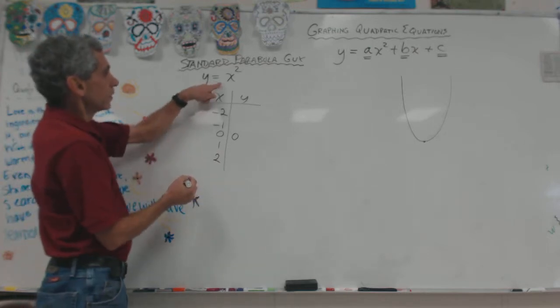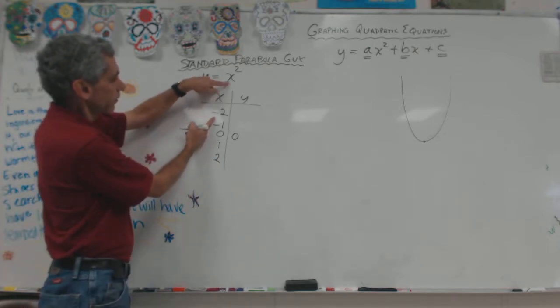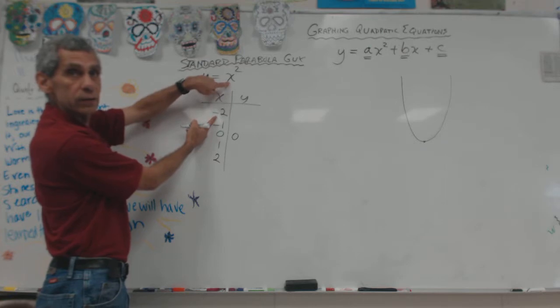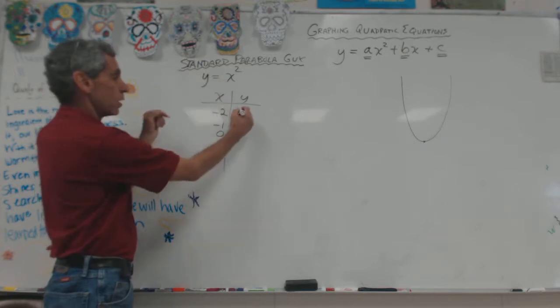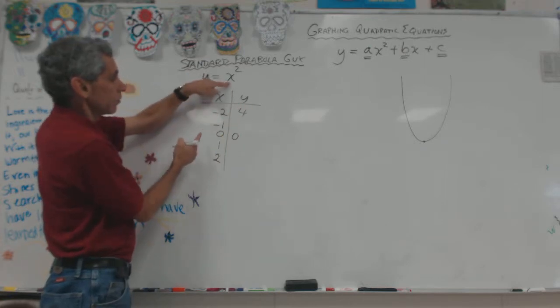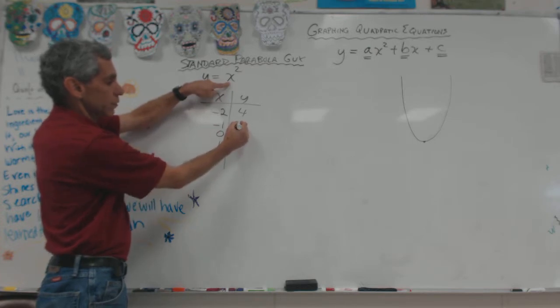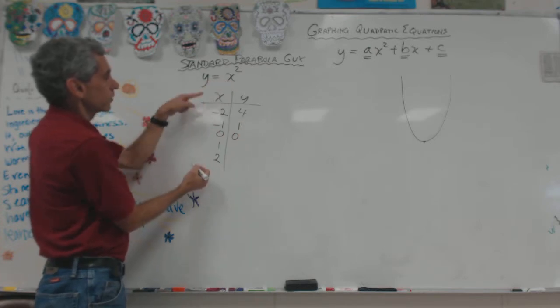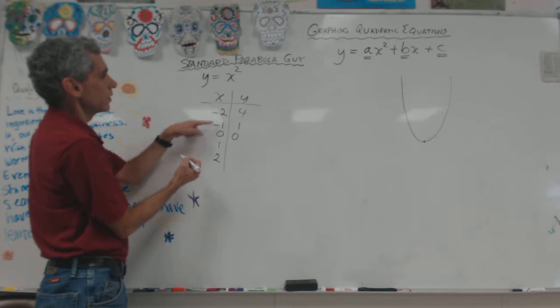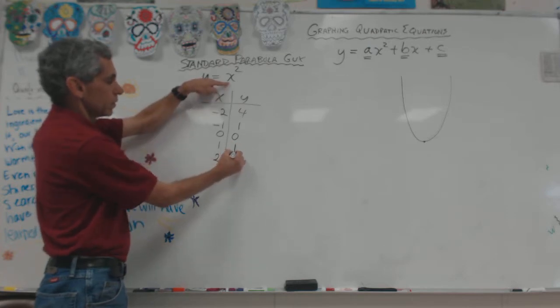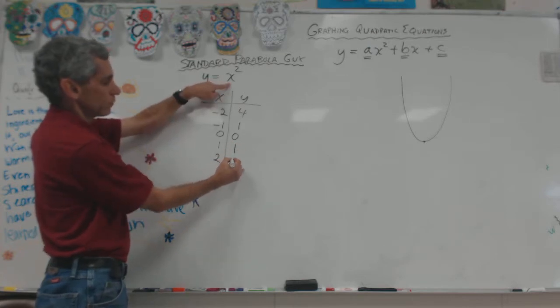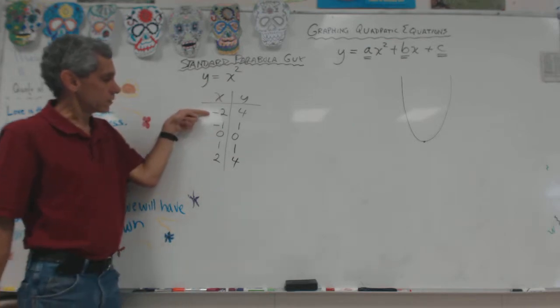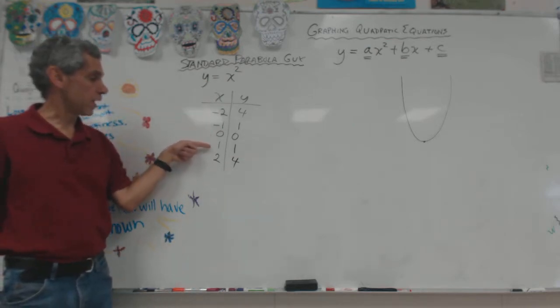So let's try it. If x is -2, -2 squared is 4. If x is -1, -1 squared is 1. If x is 0, y is 0. If x is 1, 1 squared is 1, and if it's 2, 4. Now, look at this. Negative, negative, 0, positive, positive.